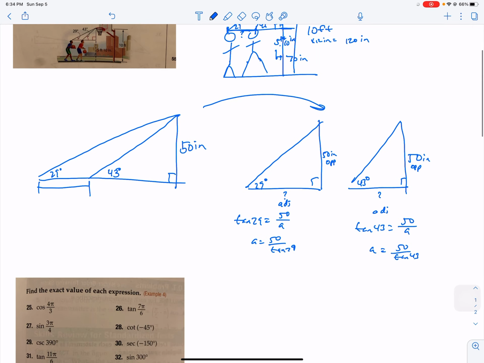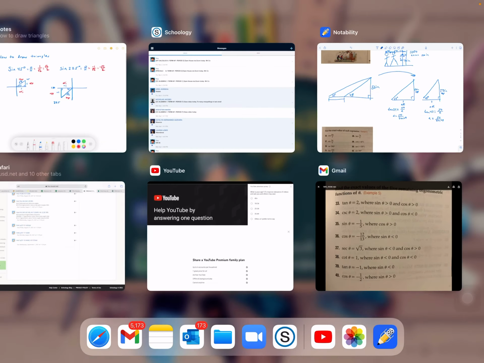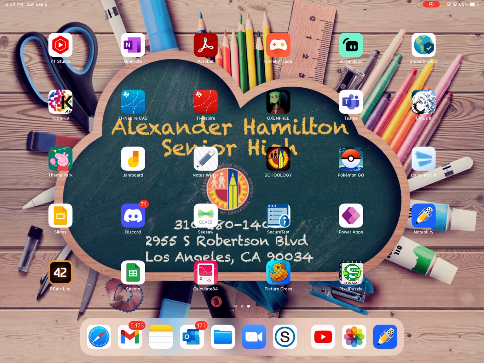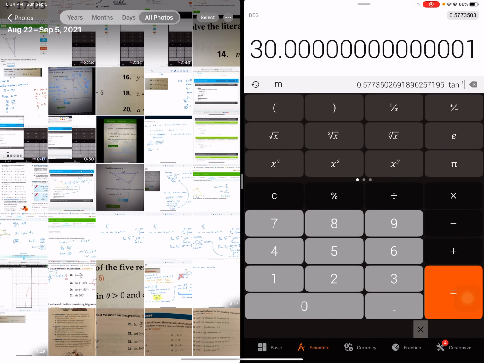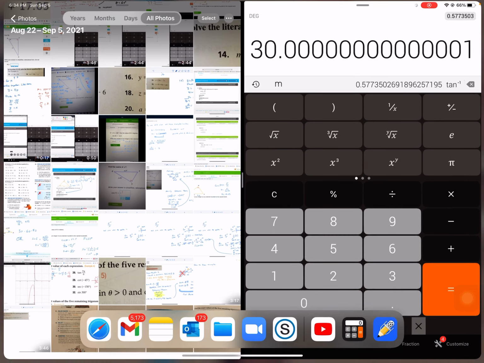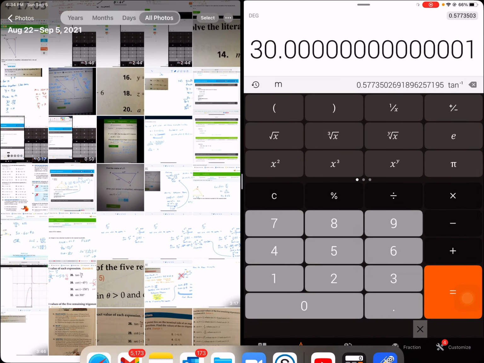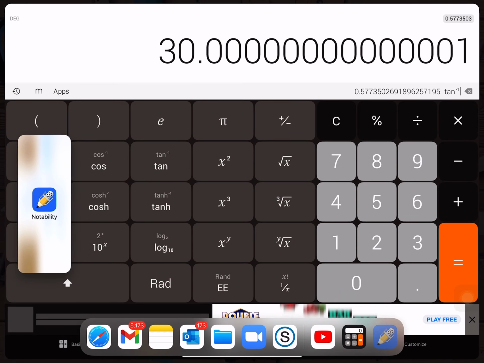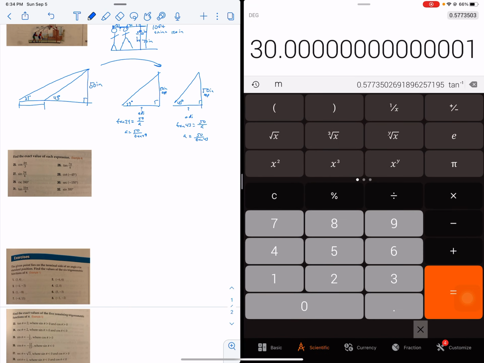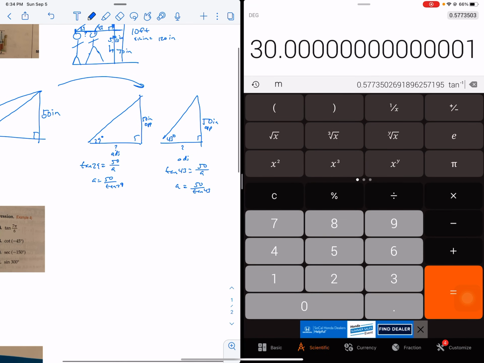Okay. Next thing we need to do, we just have to pull out the calculator. Here's our calculator. We want to type, this is in degrees, I see degrees.